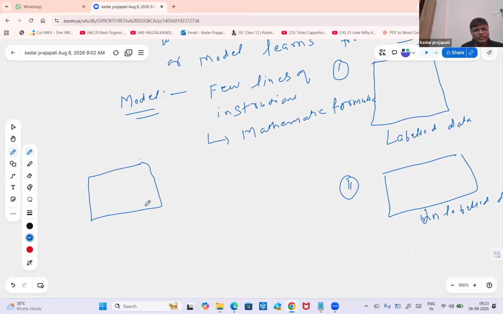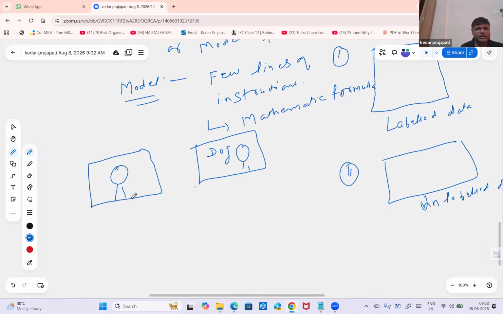One very good example. Suppose there is a cat here and a dog here. If you are creating a model for the machine to identify that this is a dog and this is a cat, we have to tell it that this is a cat and this is a dog.